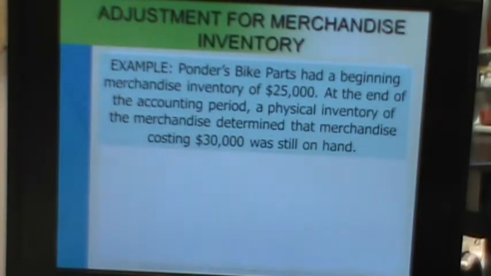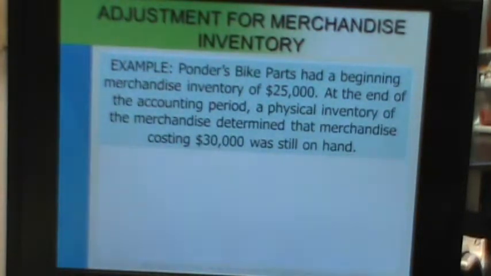So here's an example. Ponder's Bike Parts has a beginning merchandise inventory of $25,000. At the end of the accounting period, when they went through and counted their physical inventory of merchandise, they determined that merchandise costing $30,000 was still on hand.